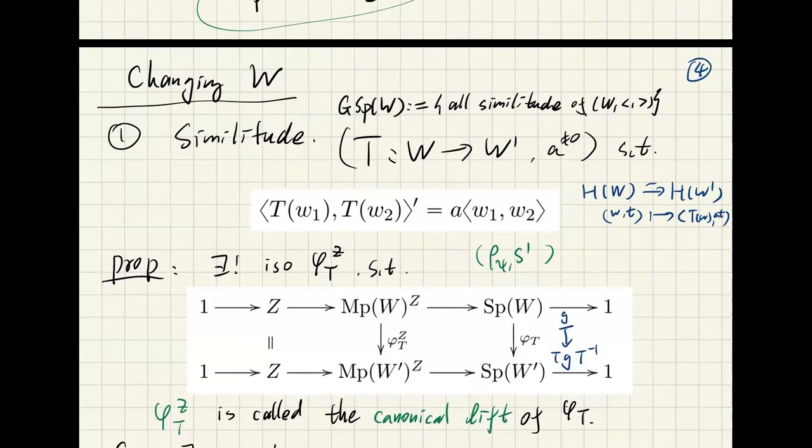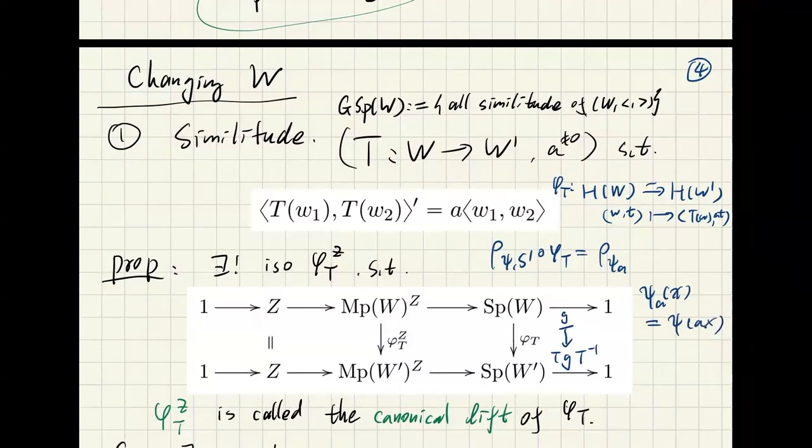Therefore, under the pullback, rho psi S prime pulled back with this phi t is equal to rho psi A S. This is a Heisenberg representation with psi A, which is an additive character given by this formula.